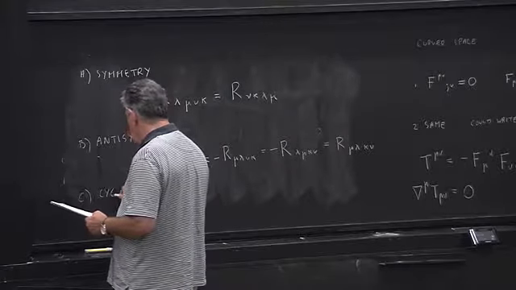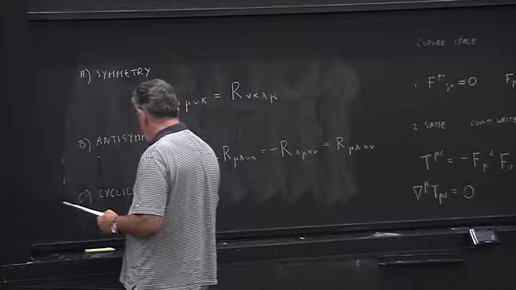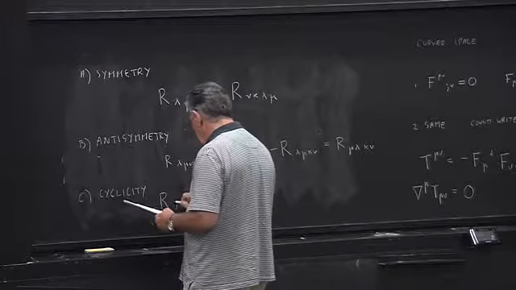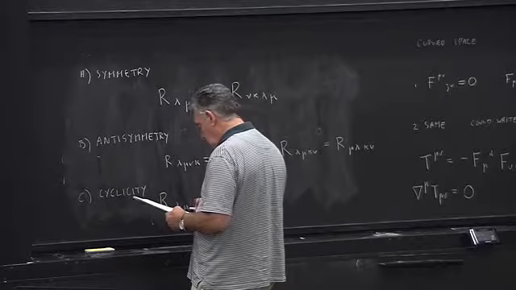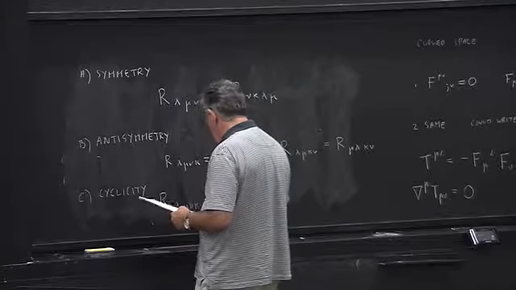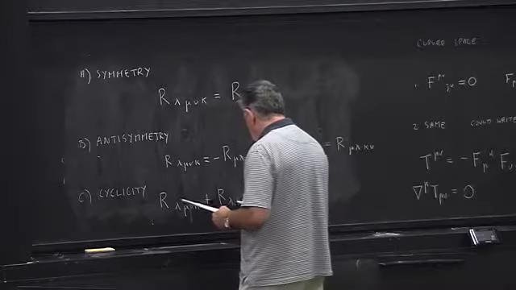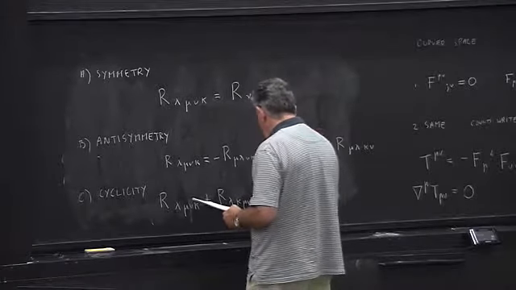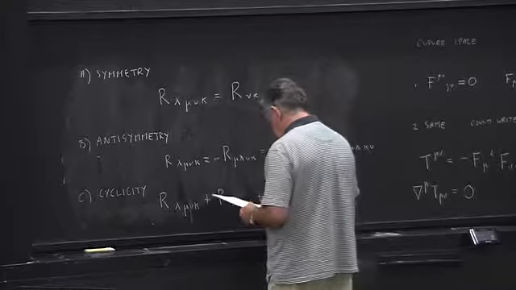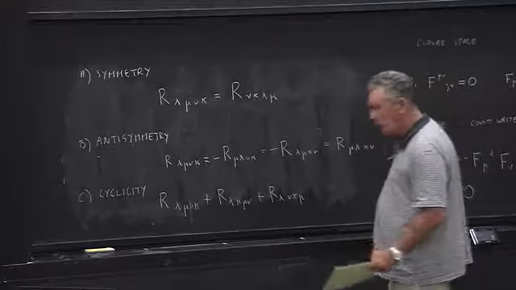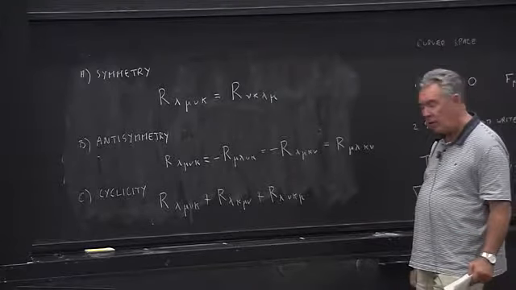Then we have what's called cyclicity. If we take three Riemann tensors, lambda, mu, nu, kappa, plus lambda, kappa, mu, nu, plus lambda, nu, kappa, mu. So we've done a cyclic permutation on the last three.